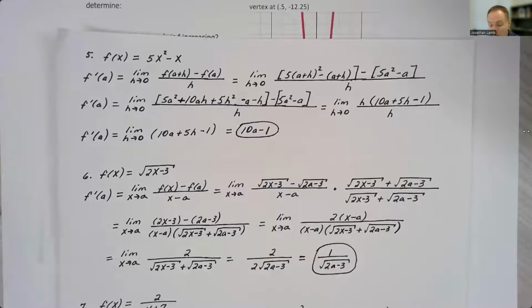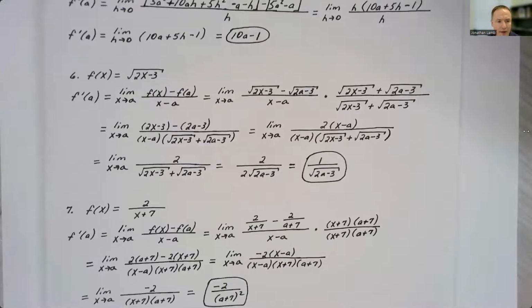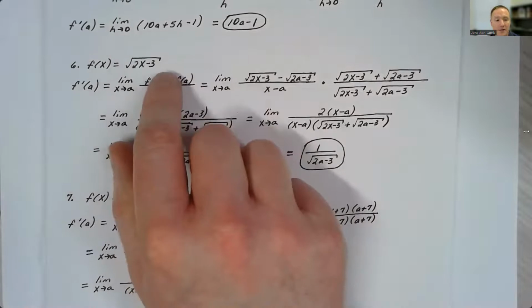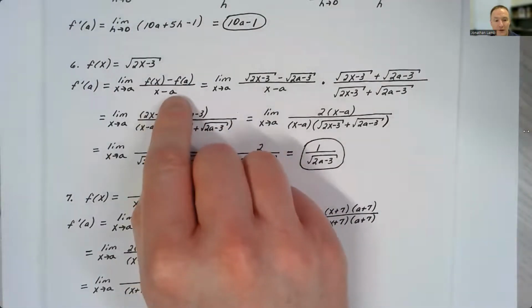Final answer. For number 6 here, you have a radical function. f of x is equal to the square root of 2x minus 3. So I went in and I said, okay, in order to find the derivative, it's best to use the limit as x approaches a limit definition of a derivative. So f of x minus f of a over x minus a.